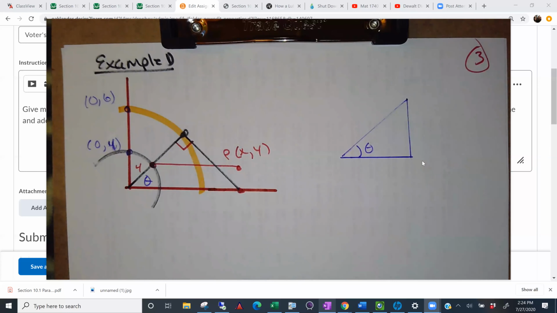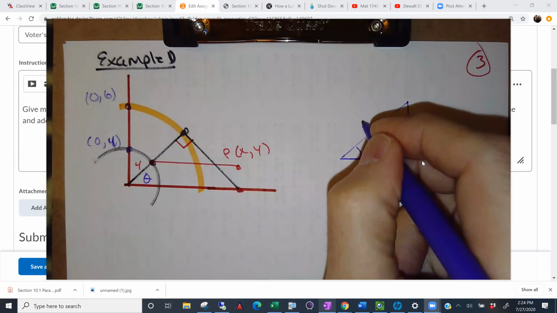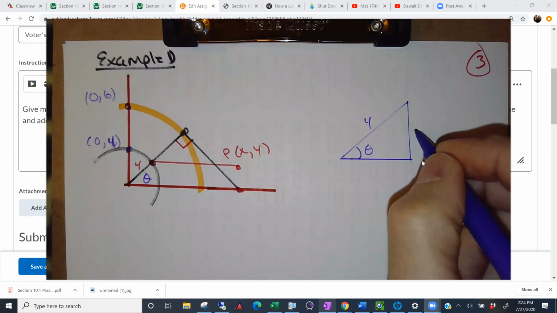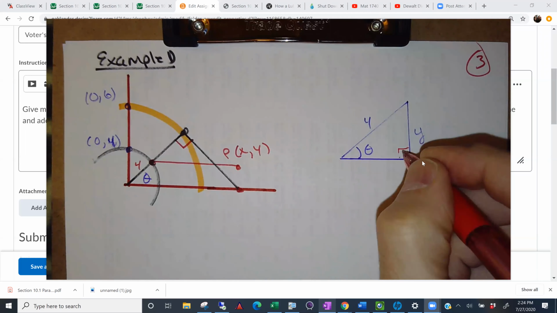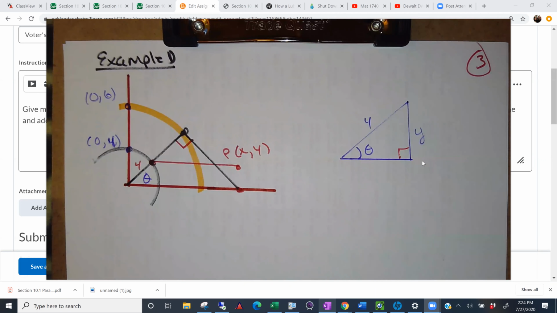So I've got theta here, the radial distance was 4, and I want to know what the y height is. Fortunately for us, we've got a nice right triangle like that. Can anyone think of a trigonometric identity that involves all three labeled parts of my triangle?